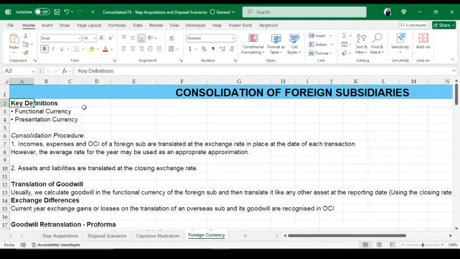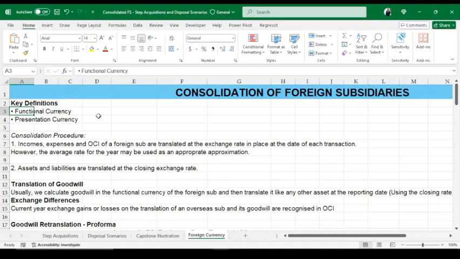So what is the difference? The functional currency is the currency of the primary economic environment where the entity operates. The currency of the primary economic environment in which a business operates is what we call the functional currency.